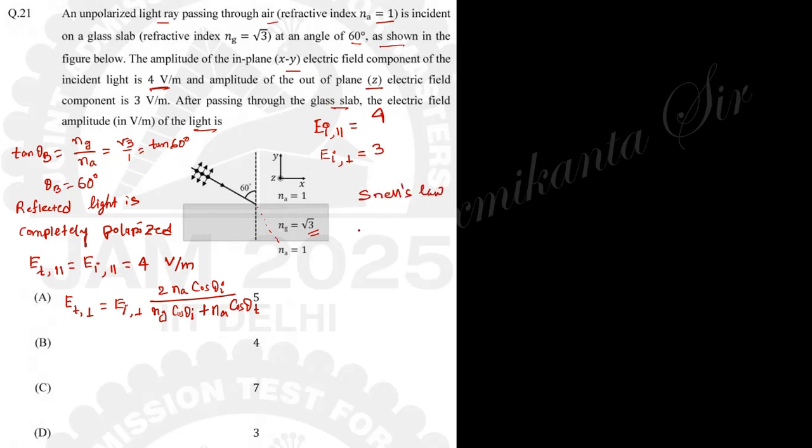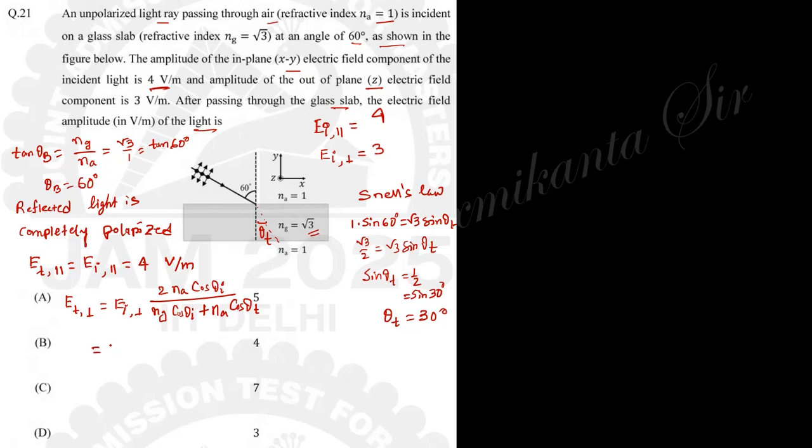For that we use Snell's law. By Snell's law, 1 times sin 60 degrees is equal to √3 times sin theta t. So sin 60 is √3/2, and this is √3 sin theta t. Hence sin theta t is equal to half, that is sin 30. So theta t is equal to 30 degrees.